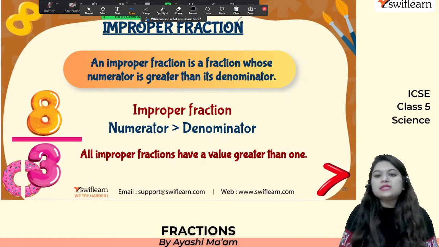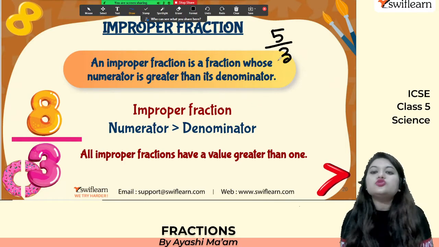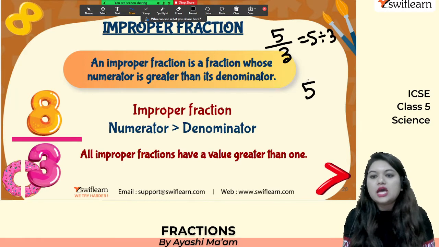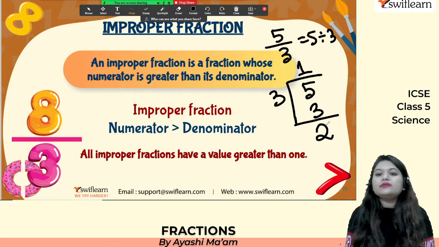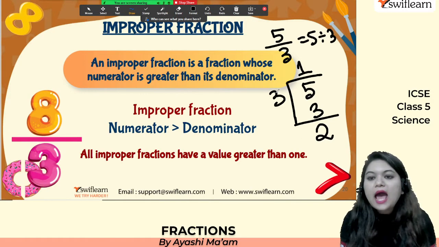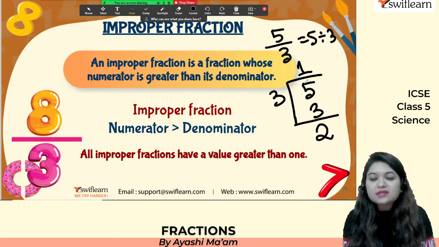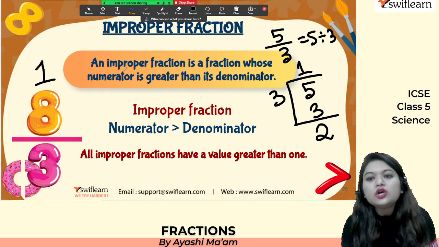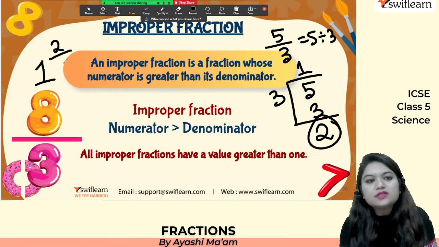Do you want to see an example? For example, if I say 5 by 3, 5 by 3 means what? 5 is divided by 3. So if you divide 5 by 3, you will get 1 as the quotient, because 3 ones are 3, and then you will get the remainder as 2. When we do mixed fractions, you will understand why this is happening. But what we can do is, after this division, we write the quotient, we take the remainder and write it here, and we take the divisor and write it here.